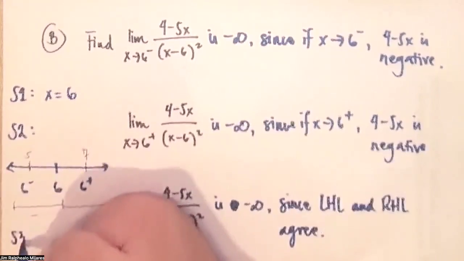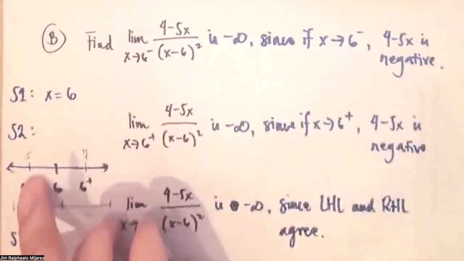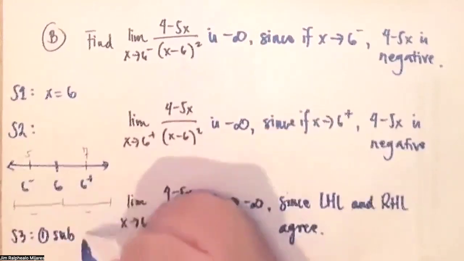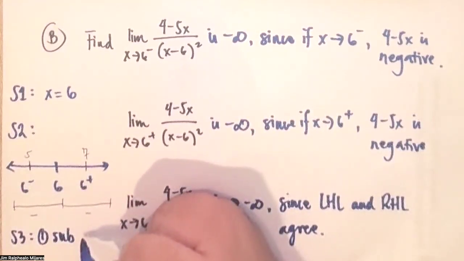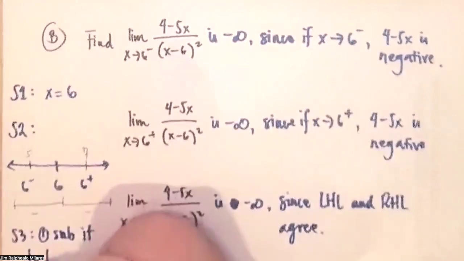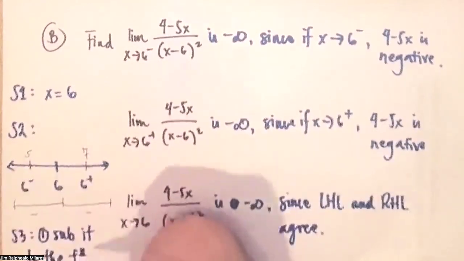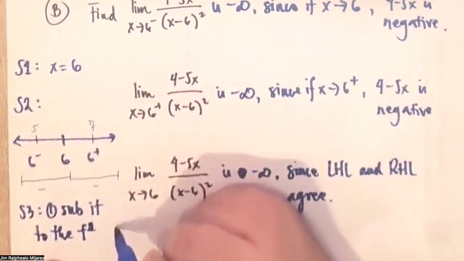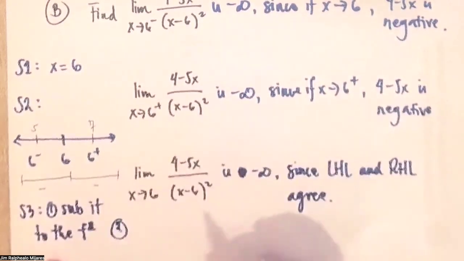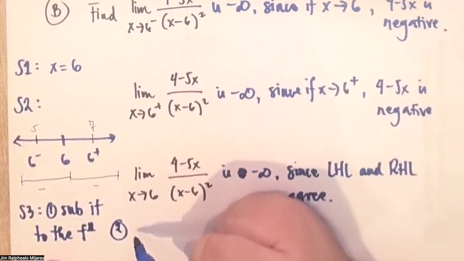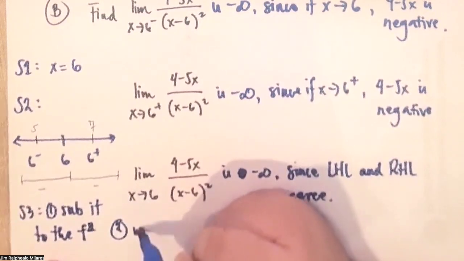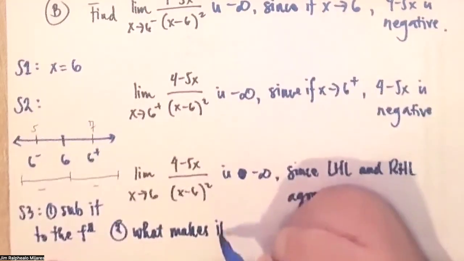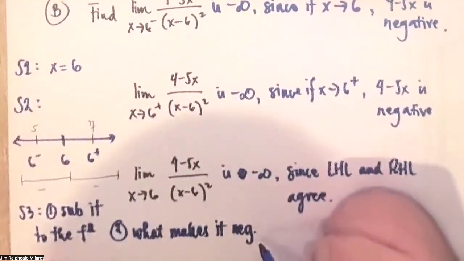So in step three, you found the number, right? So you substitute it into the function, but not only do you substitute it into the function, you also gotta be careful of what makes it negative or positive.